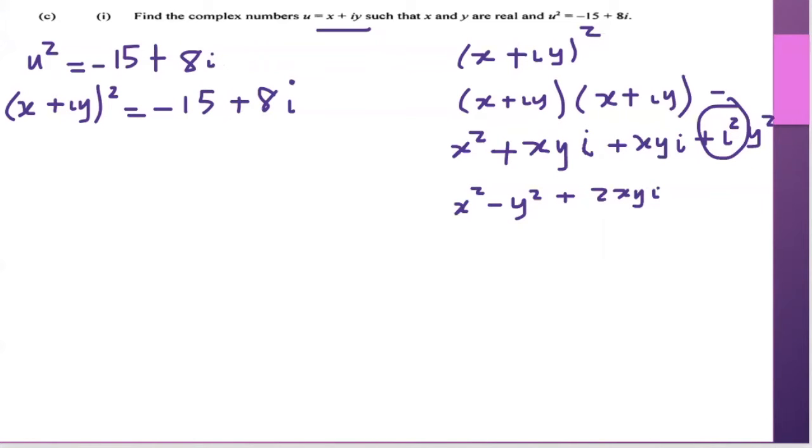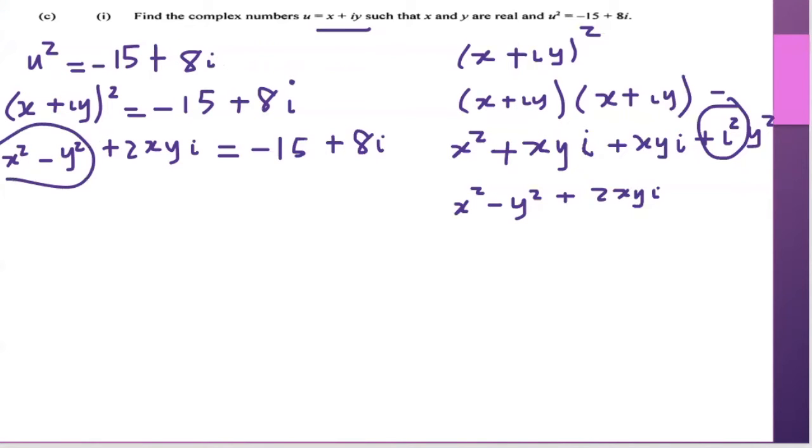So this is the expansion that I'm going to replace on the left. So I'll have x squared minus y squared plus 2xyi is equal to minus 15 plus 8i.